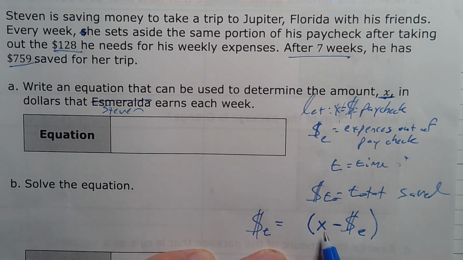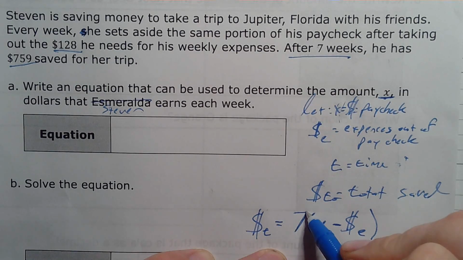That equals $128. Okay, so after taking $128 away, he's going to have whatever's left over. He saves for the trip, and he did that 7 times.